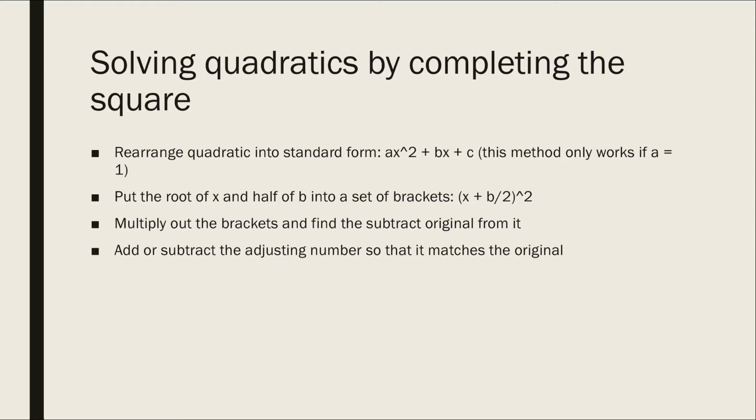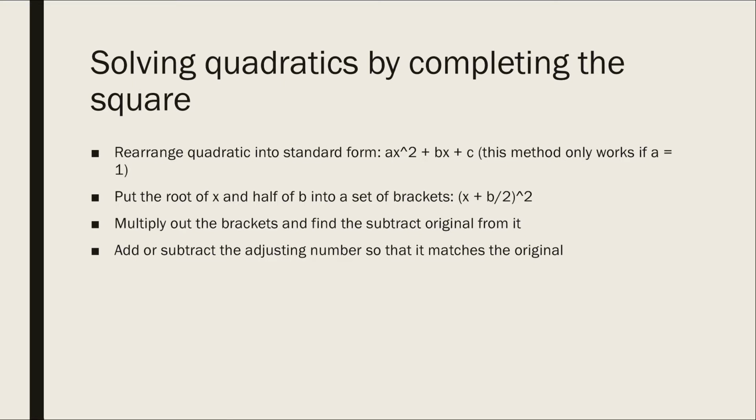Then, what we want to do is find the root of x squared. In all cases of a quadratic, it's an x. So you have x, and then you want to have half of b. So when the whole bracket is squared, x plus b over 2 whole squared, the b over 2 becomes bx.